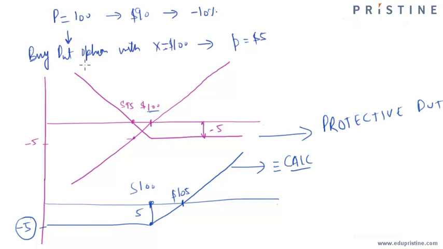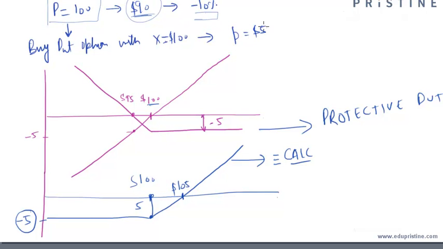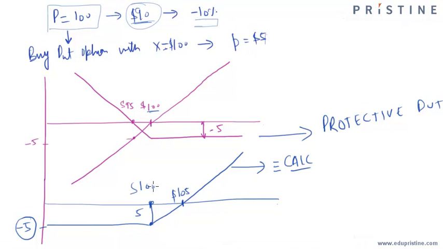Here the put option is protecting the stock, which is going to go below the current price, and the loss expected was $10. Now if you see here that when the stock goes to $90, the percentage loss is not 10%, but the percentage loss now would be only 5%, correct?